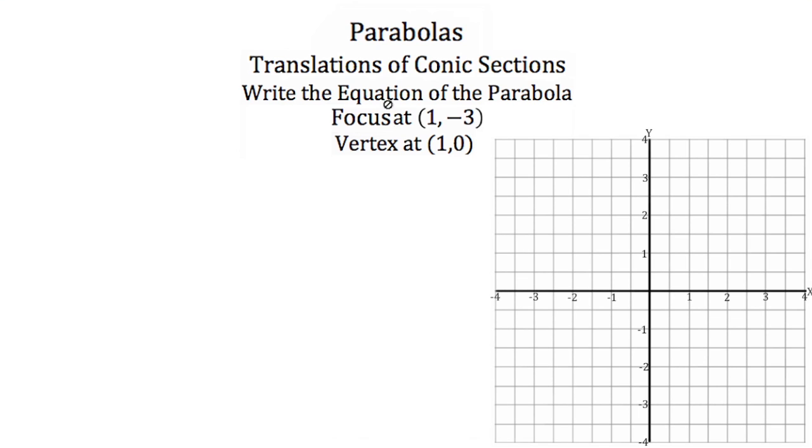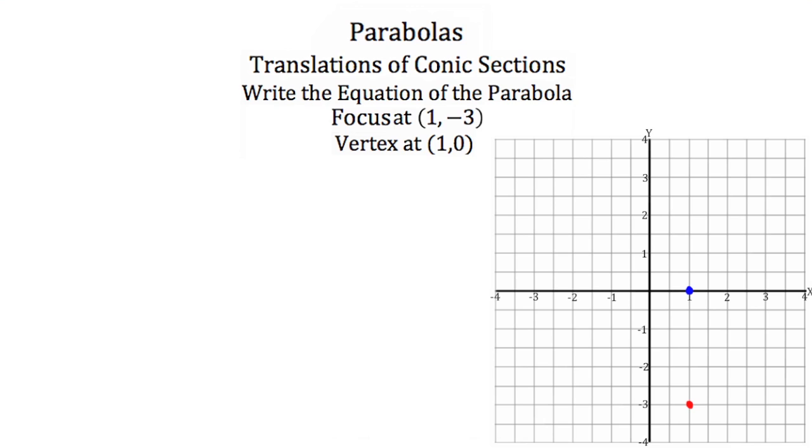So now let's try a different problem. Here we're told to write the equation of a parabola with its focus at 1, negative 3 and its vertex at 1, 0. Always with conic sections, it's always easiest to draw a picture. So we'll need an axis. I have a vertex at the point 1, 0, which is right here. I have a focus at the point 1, negative 3, which is down here.